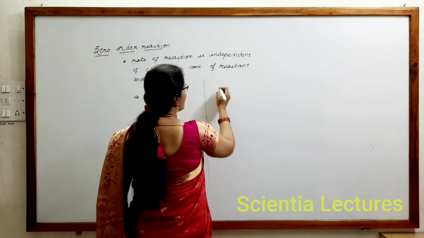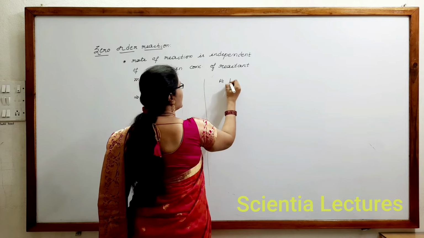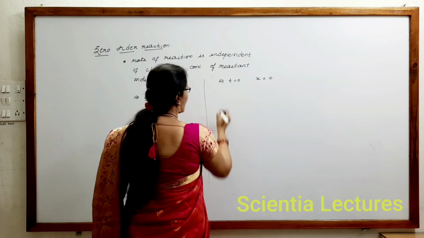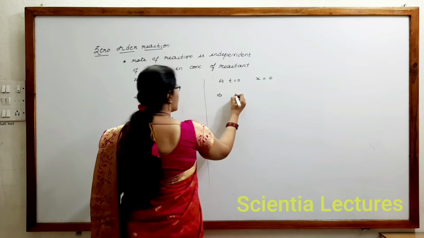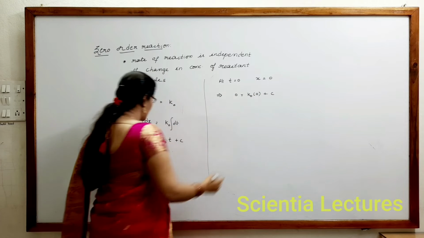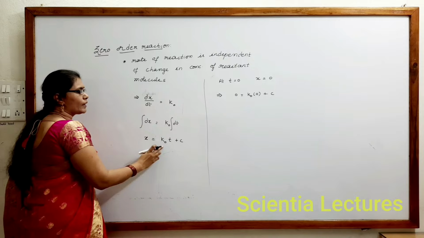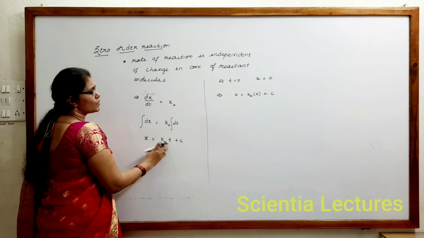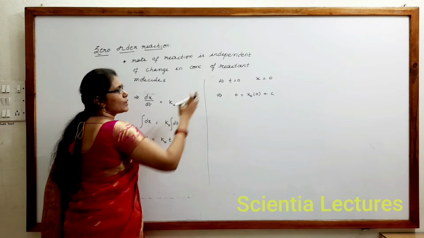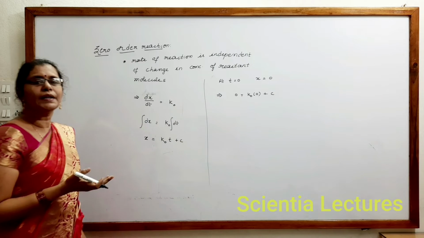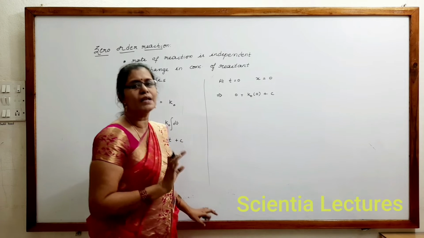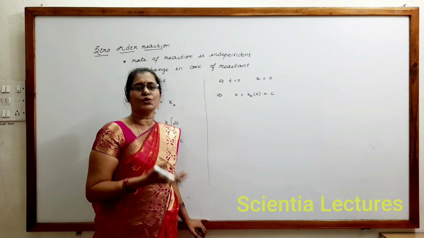How to calculate c? As we have seen in the last class, at t equal to 0, x, the reacted amount, is equal to 0, which implies 0 is equal to k naught into 0 plus c. When t equals 0, it is at initial conditions, and the reacted amount will obviously be 0, because initially nothing should have reacted.